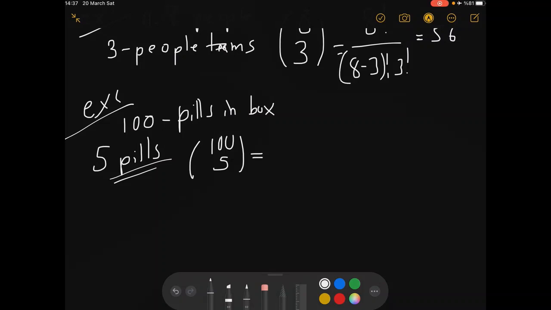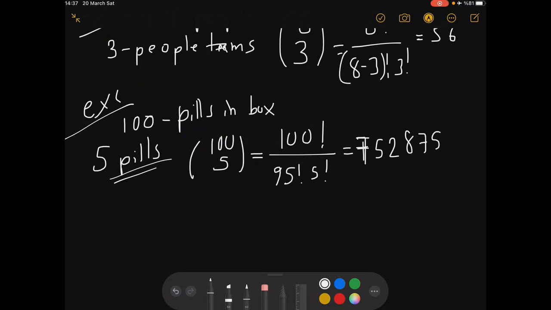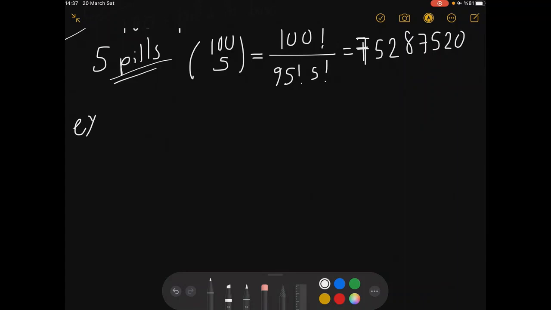Maybe you remember this from our previous session, right? We discussed these examples and wrote their combinations directly, but this is where we calculate them: 100 factorial over 95 factorial times 5 factorial. If you remember from our previous session, those were the numbers that we wrote directly.